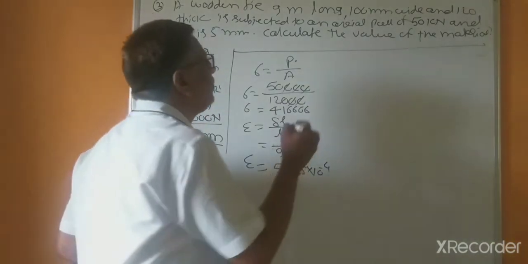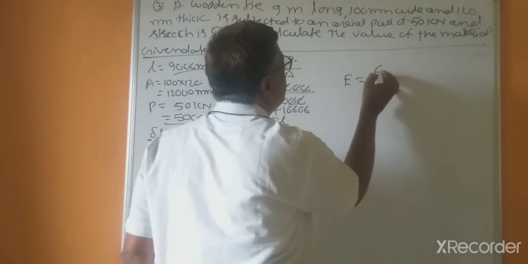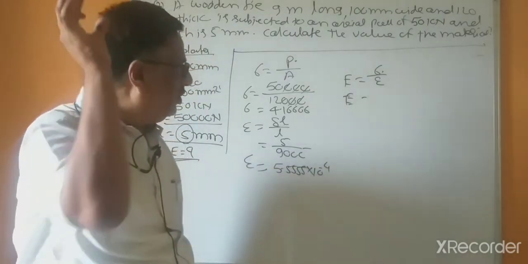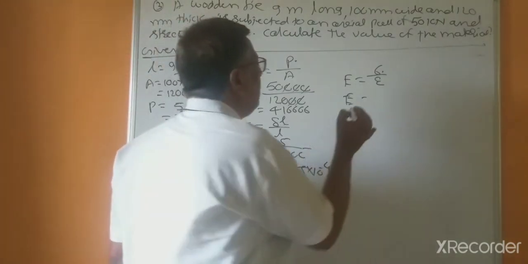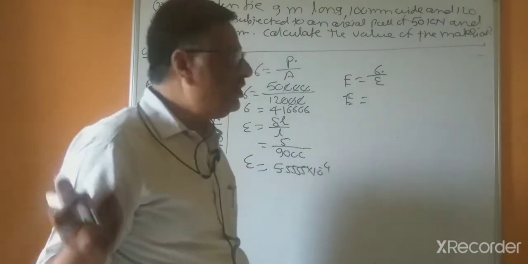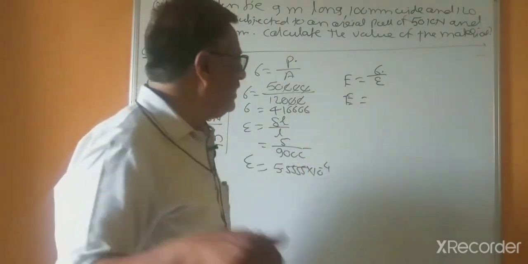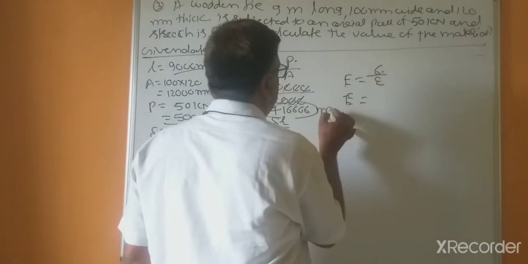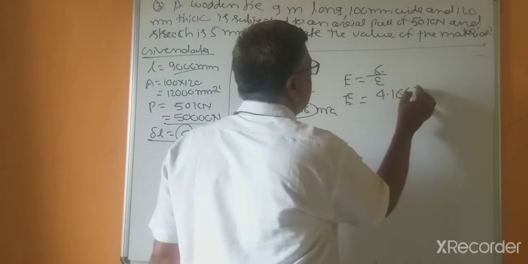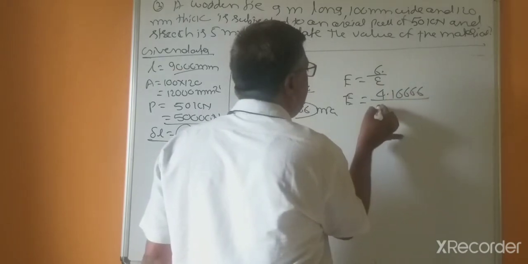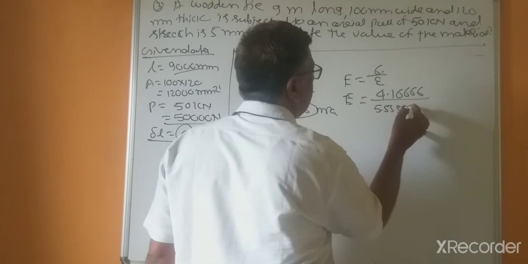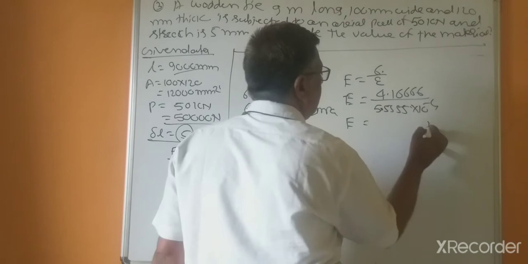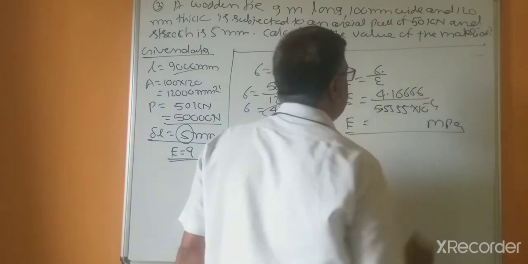Now, as you know, E equals stress divided by strain. Generally E's value is approximately 2 into 10 to the power 5, but that is for steel. This is wooden, so it will be a lesser value. This is 4.166 megapascal divided by 5.55 into 10 to the power minus 4, and you will get the answer in megapascal.